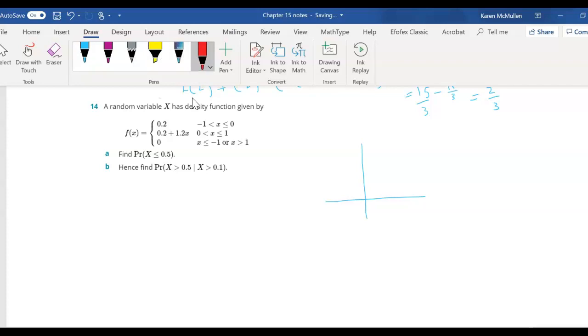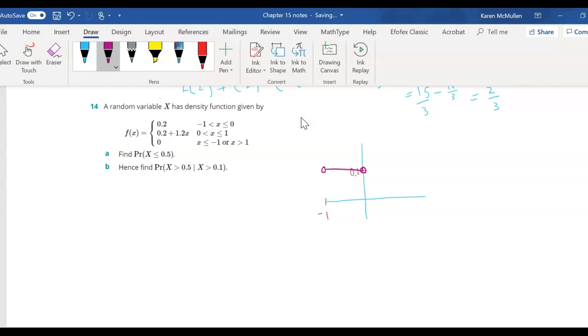All right, so 0.2 is here. So we've got a straight line from, so -1, doesn't matter if it's an open circle or a closed circle. Go to there. Probably does if you're graphing it though, so I should graph it correctly. And then 0.2 plus 1.2x.